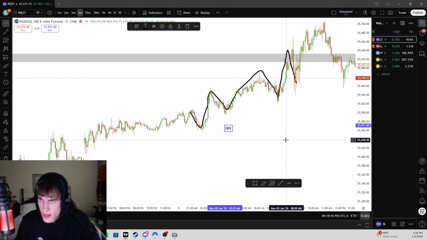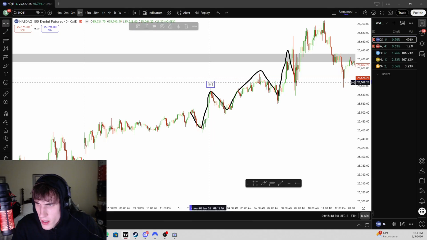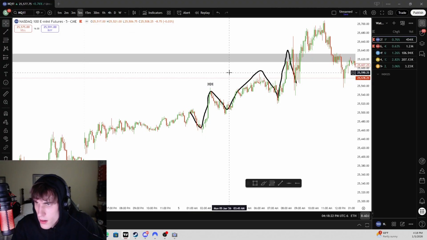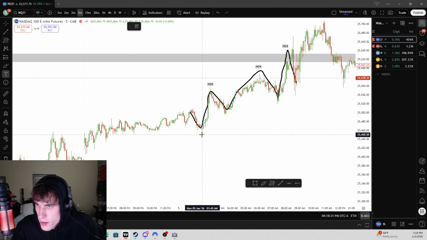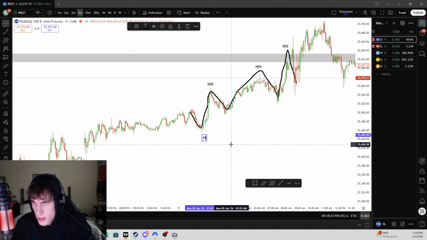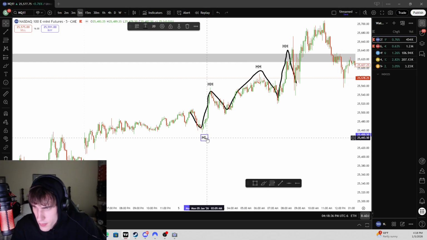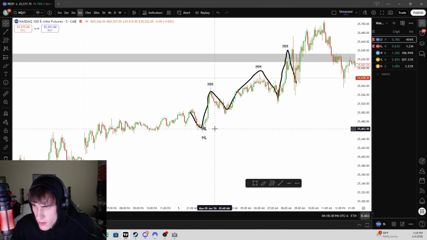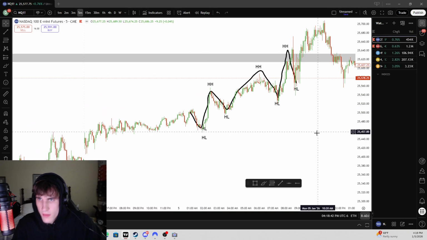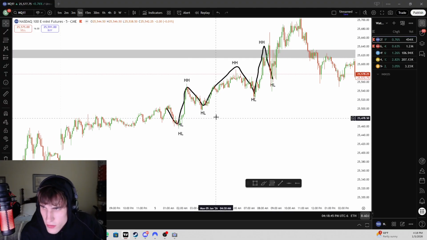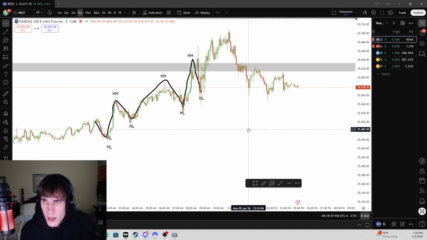So let's draw it out again. On the chart, we got higher highs. Then what do we have right here? Draw it with the higher lows. Okay, and we'll just copy, paste, paste, paste. Boom, boom, boom. This is even a higher low. So that's just a visual representation of it on the chart.